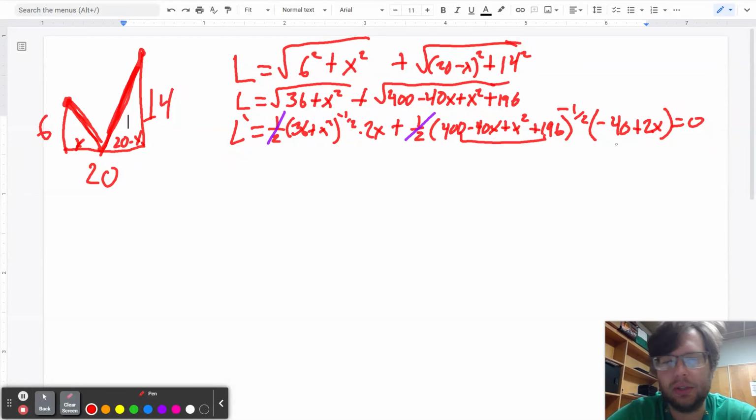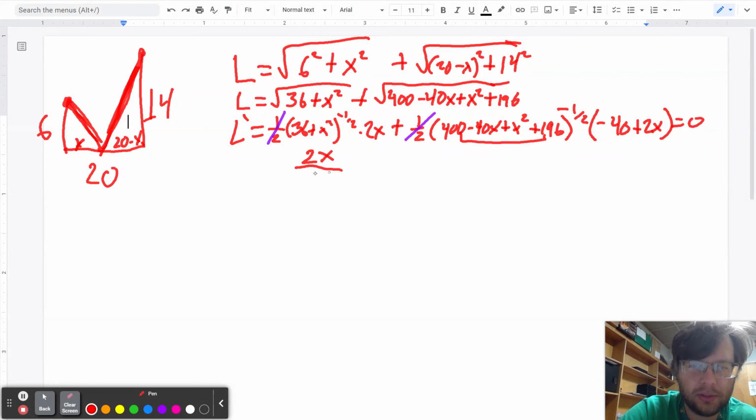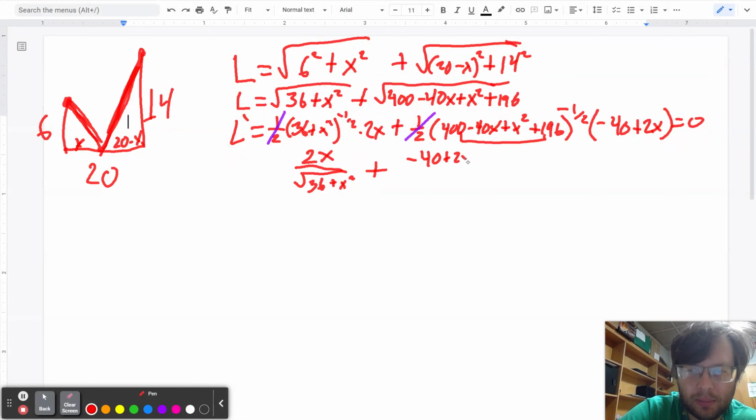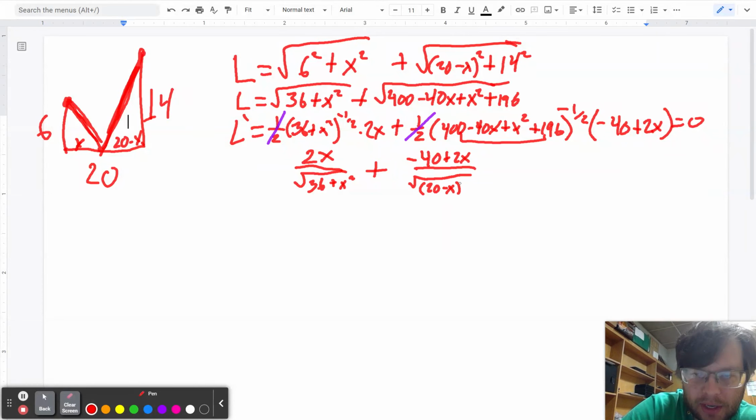It's a lot easier to solve when you've got things written back into sort of their normal way. So 2x over the square root of 36 plus x squared, and then plus negative 40 plus 2x over the square root of, maybe it's easier to keep it like this, 20 minus x squared plus 196. I'm kind of undecided about which version of that is easier.